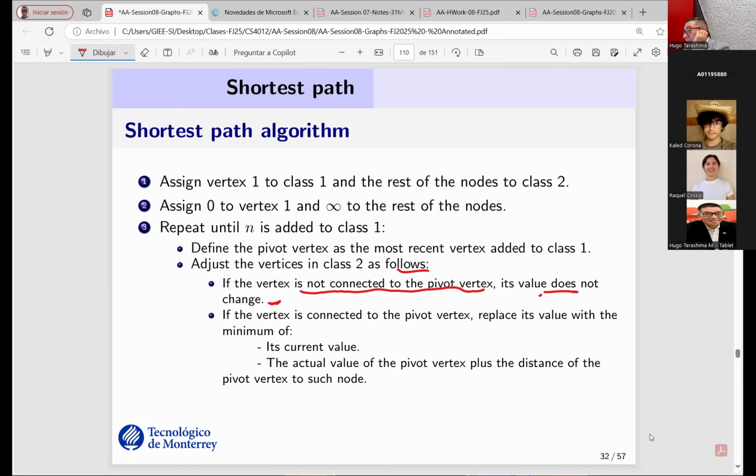If it is not connected to the pivot, it's going to remain the same. If the vertex is connected to the pivot, replace its value with the minimum of the current value or the actual value of the pivot vertex plus the distance of the pivot vertex to such a node, right?